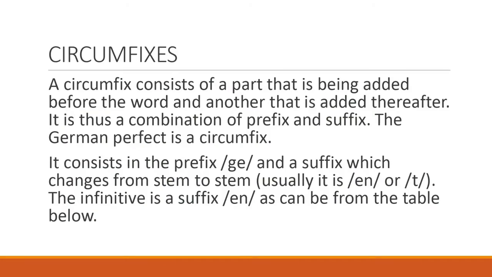It consists of the prefix ge and a suffix which changes from stem to stem. Usually it is en or t. The infinitive has the suffix n, and the perfect can be formed as in the table below.